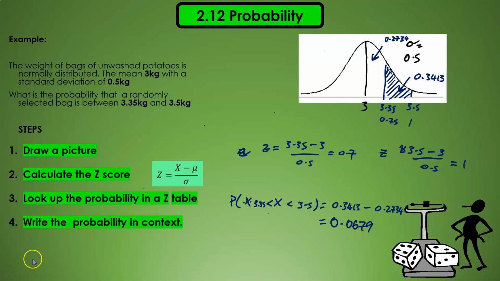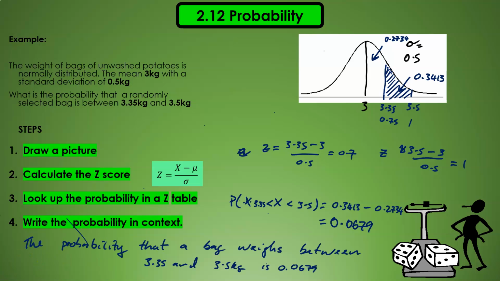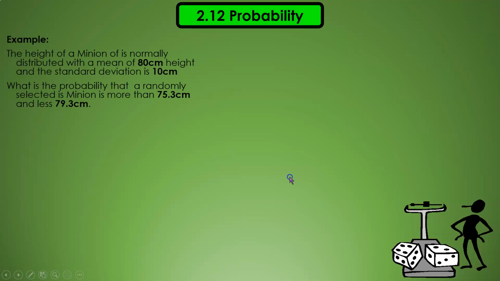So now write it in context. The probability that a bag weighs between 3.35 and 3.5 kilos is 0.0679. As always, there's a practice question here for you. The height of a minion is normally distributed with a mean of 80 centimeters and a standard deviation of 10 centimeters.